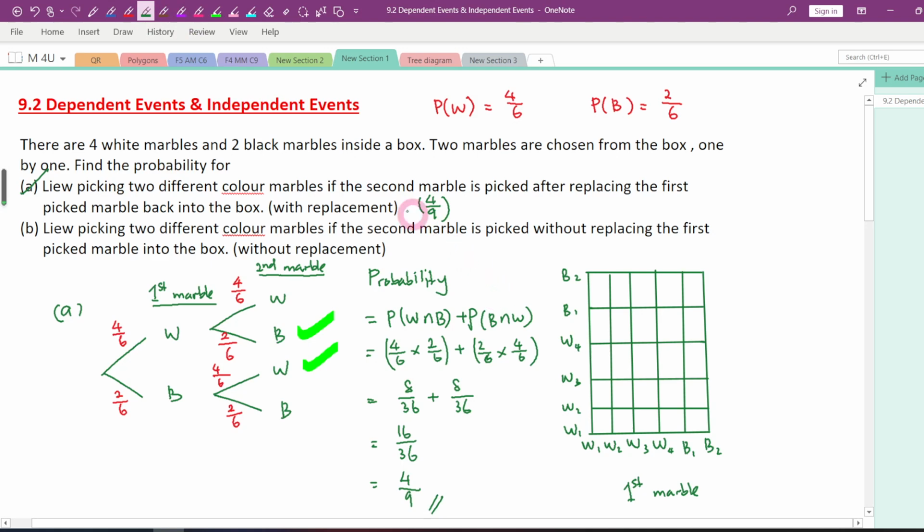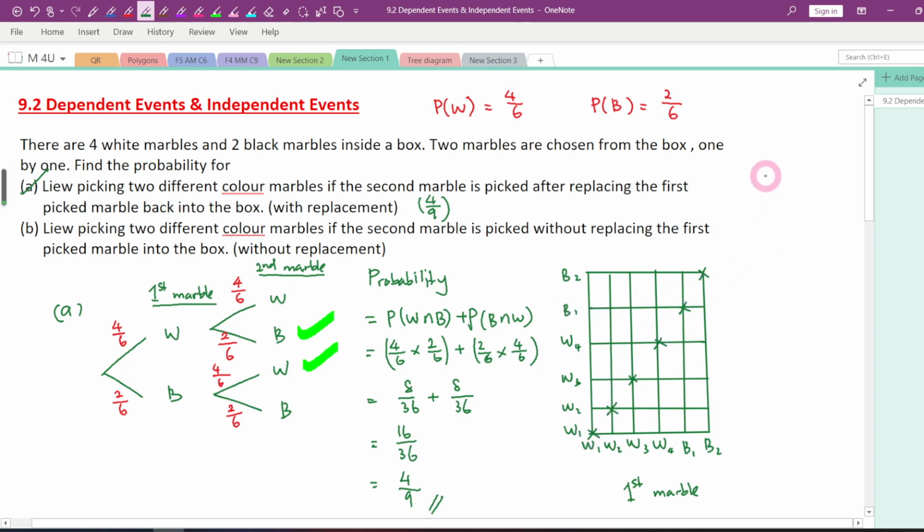We need to know that W1, W1, W2, W2, this pair, impossible, because after picking W3, you put it outside. It's impossible for you to get the second time W3. So all these outcomes where I make a cross are not possible outcomes.